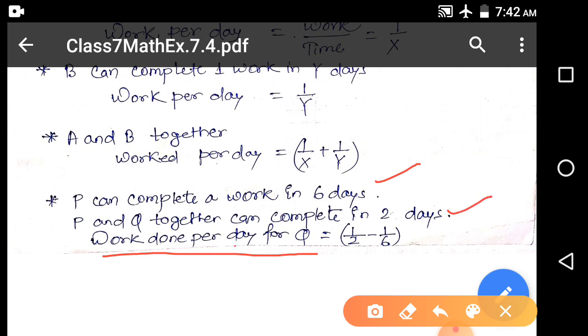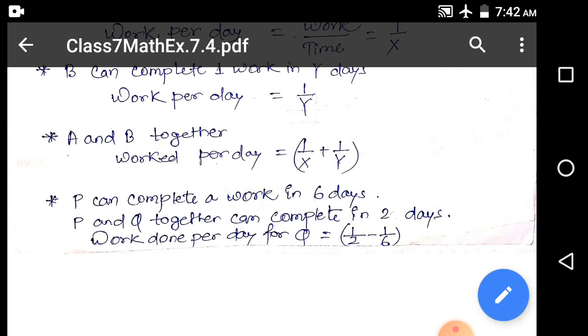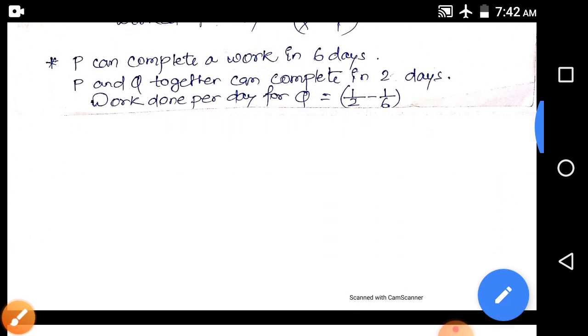So the part of work completed by Q is 1 by 2, when both worked, minus 1 by 6, the part only P did. Whatever the difference gives is the part of work that Q did in 1 day or unit time. So this is the way. Now come to the questions.